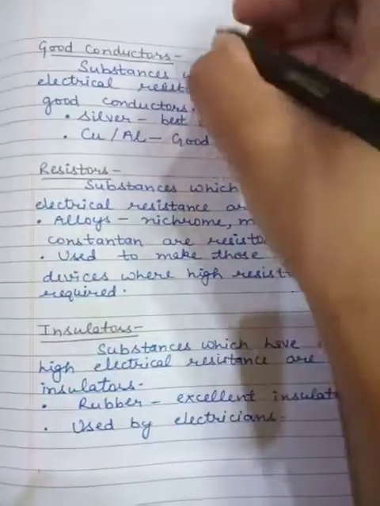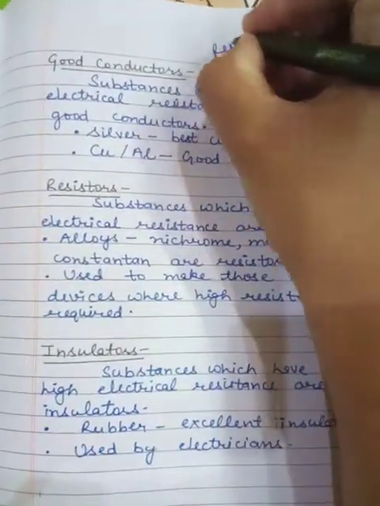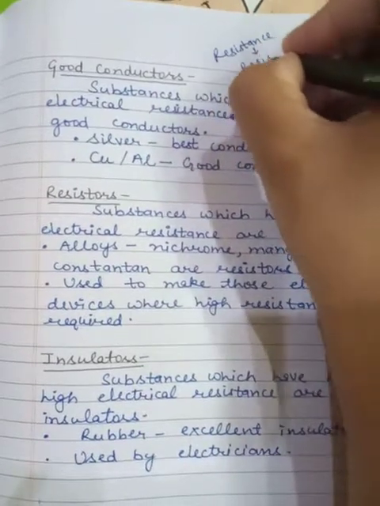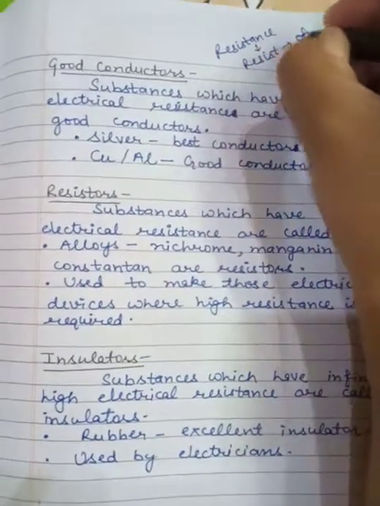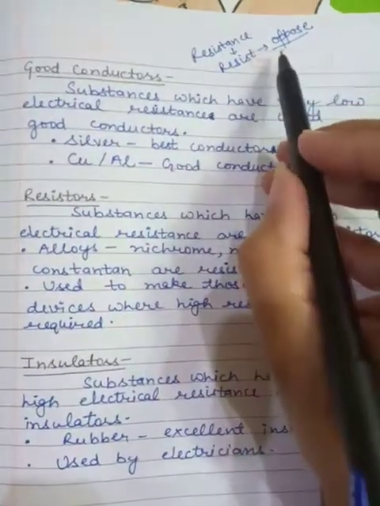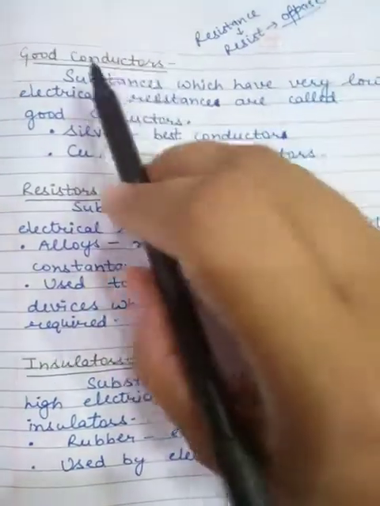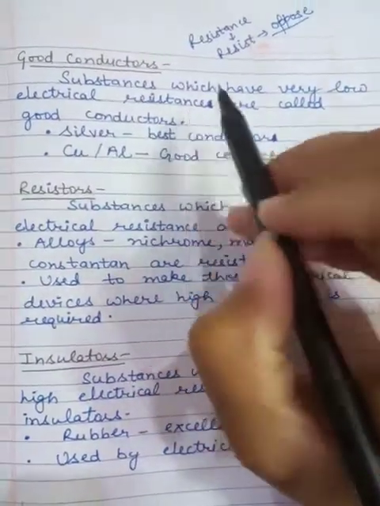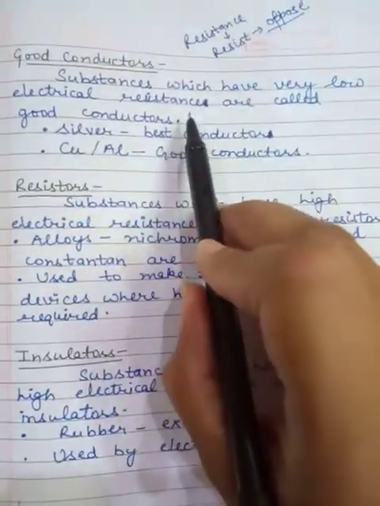The word resistance comes from the word resist. Resist means to oppose, and resistors oppose the flow of current.